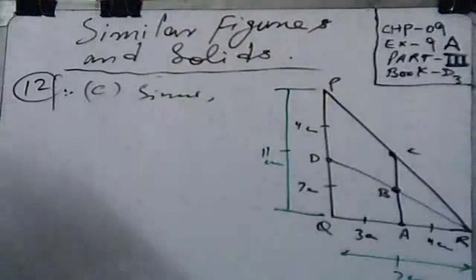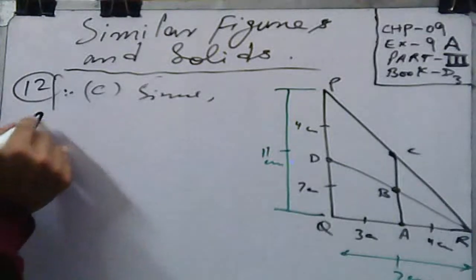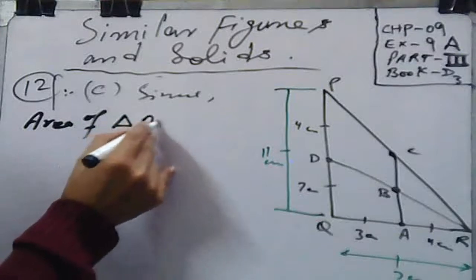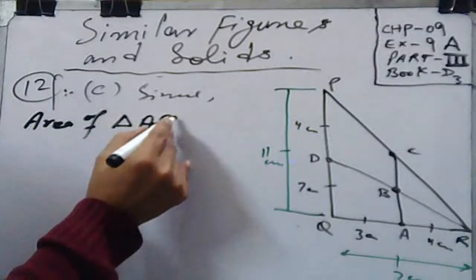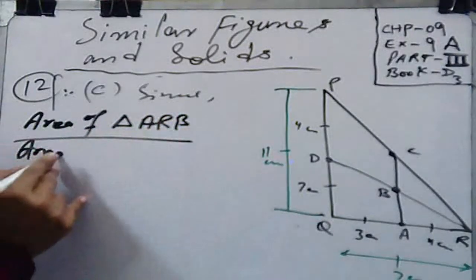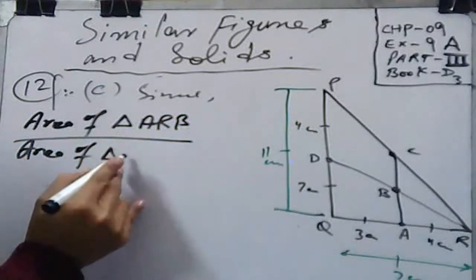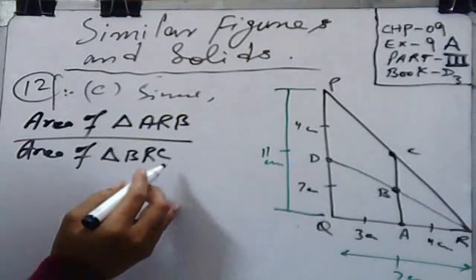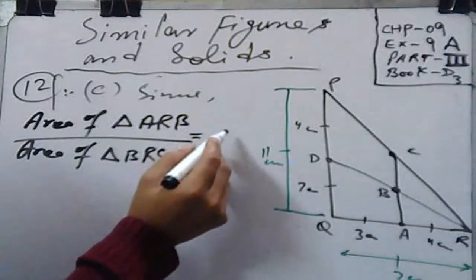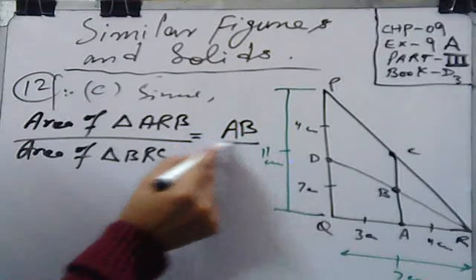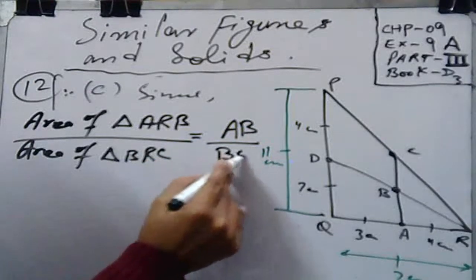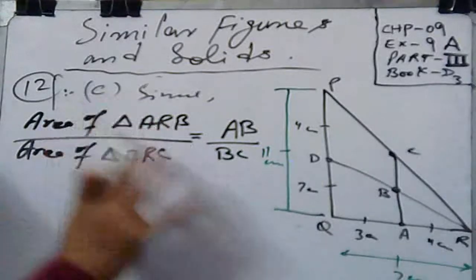For C part we have to find the ratio, since the area of triangle ARB divided by area of triangle BRC must be equal to AB divided by BC.